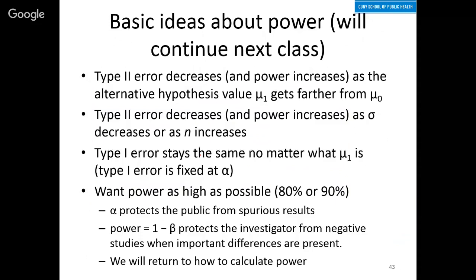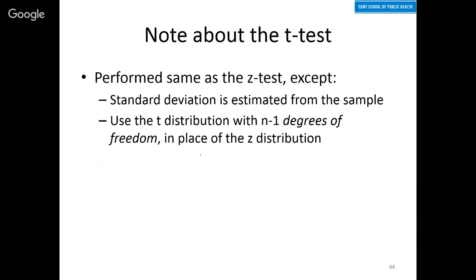This is something that you plan for in a study in sample size and power calculation. And whereas the alpha, the type 1 error rate, protects us from spurious results, type 2, or the power, protects us from wasting money on a sample that really has very little chance of observing a difference anyways. But we'll get back to that.